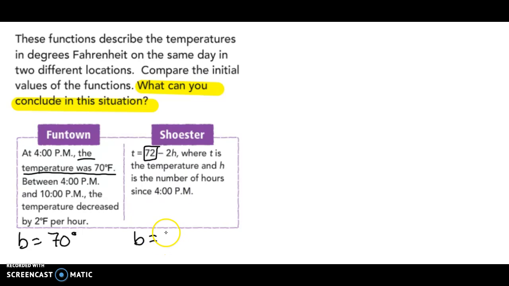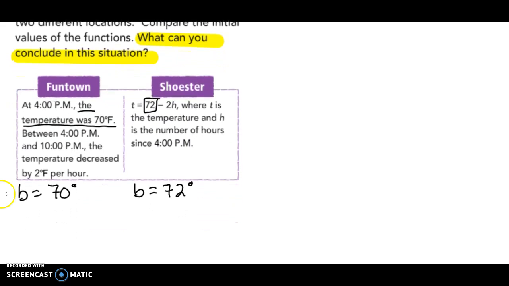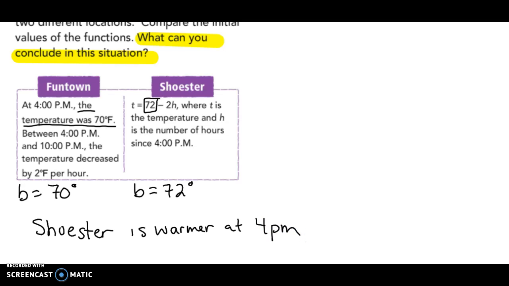So in your equation, the temperature is going to be 72 degrees if you're starting. So what can you conclude here? Basically it just means that Schuster is warmer at 4 a.m. That's all that really means.